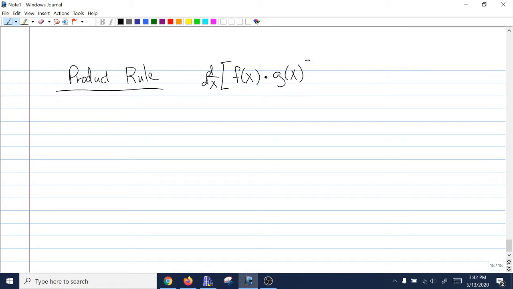So here's the part to put in a box. The product rule says the derivative of a function times a function is derivative of the first times leave the second part alone plus leave the first part alone times derivative of the second part.